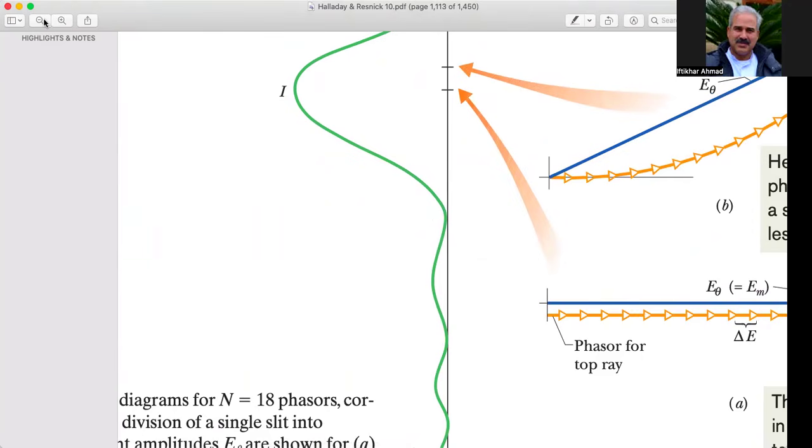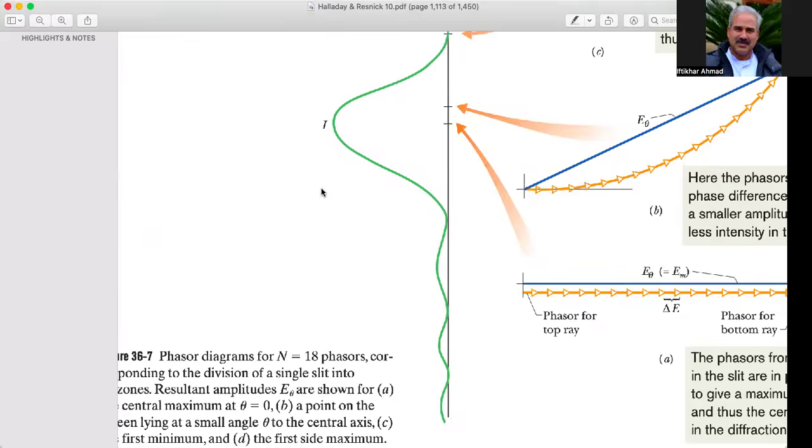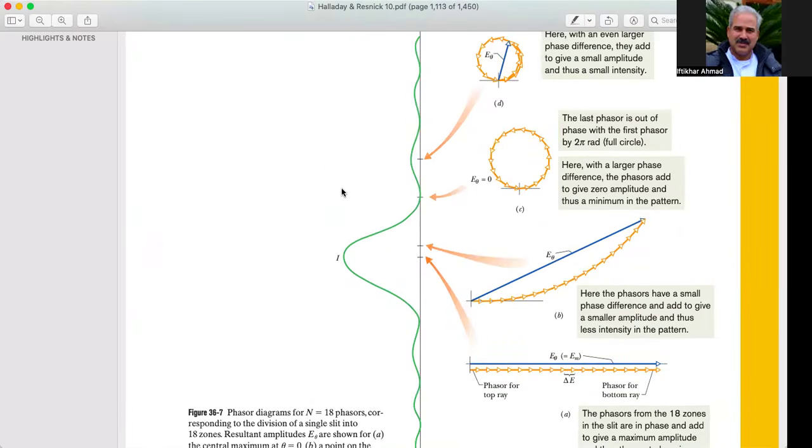If you see in this diagram, we have the central maxima, where the light is bright with high intensity. Then it goes here, this is totally dark, and then you see that the intensity increases and then decreases, and again this is bright and this is dark.